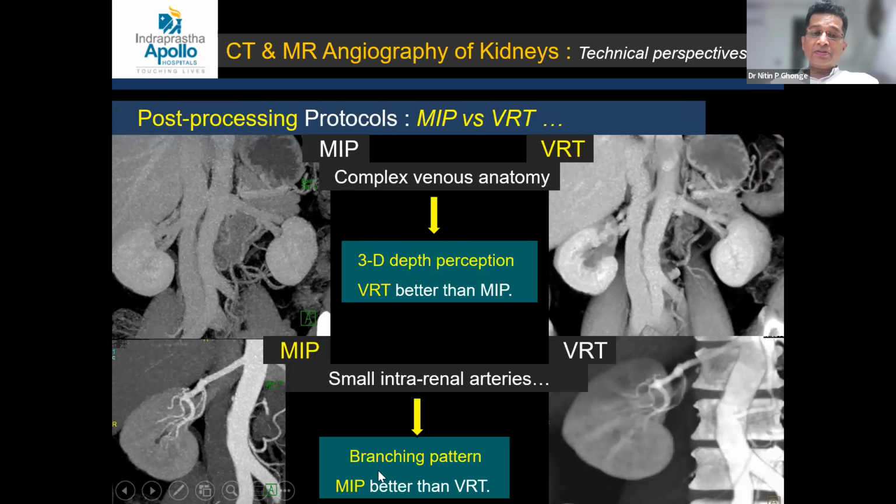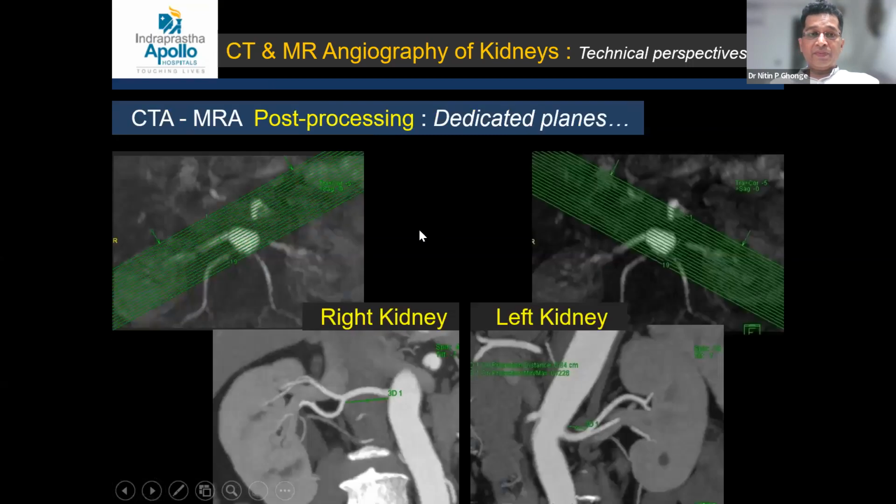So MIP is useful for branching pattern, as we can see the finer branches much better on the MIP image, while VRT is a volume rendering image which provides a 3D rendered appearance of the renal vasculature and is useful for delineation of the complex venous anatomy, as we can see in this image.